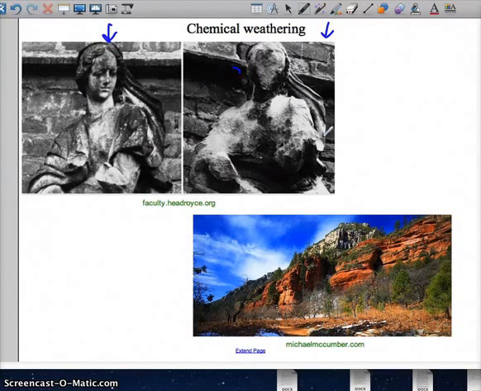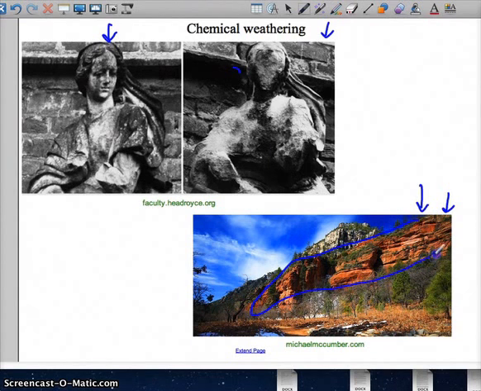Down here at the bottom, we have a picture of a canyon. This canyon has iron oxide in it. When you have rain and the oxygen in the air, it reacts with the iron in this oxide and actually forms rust naturally. You can see all this red area here.